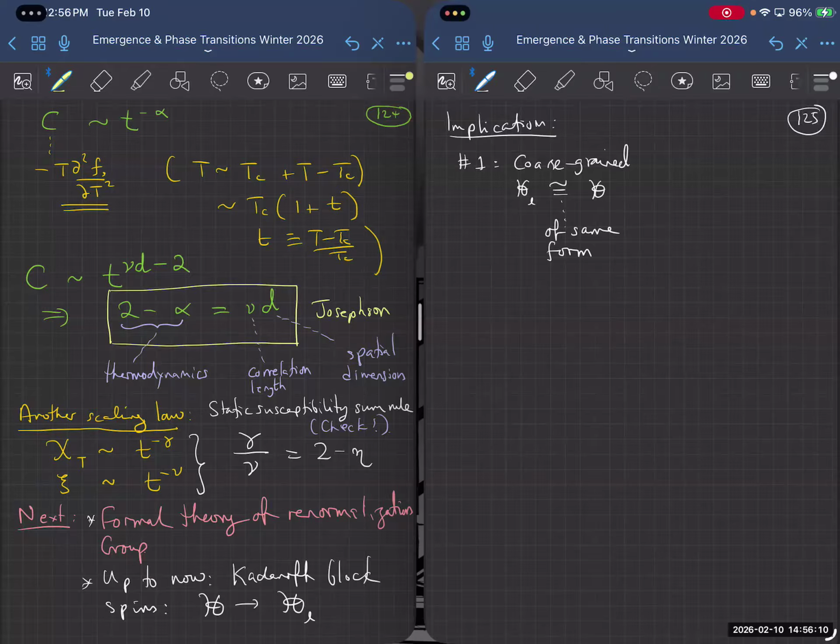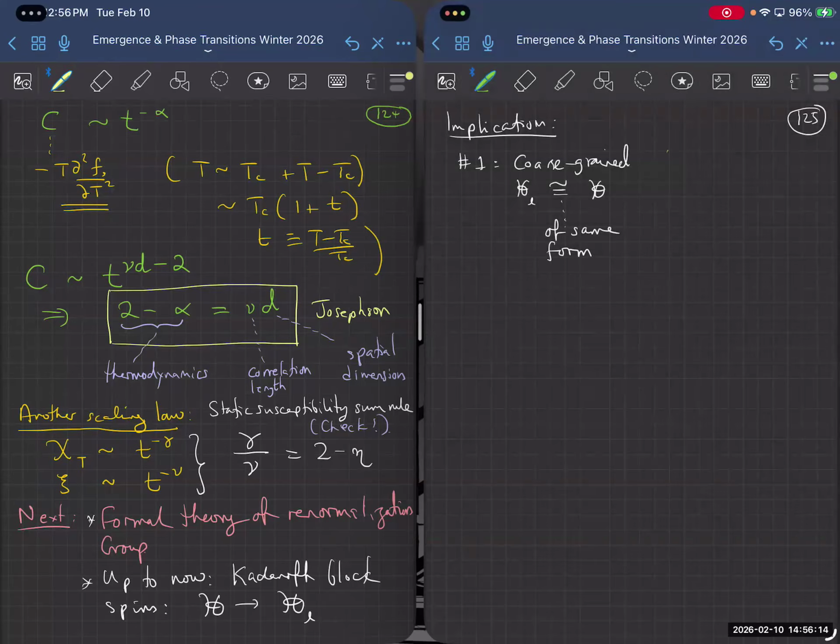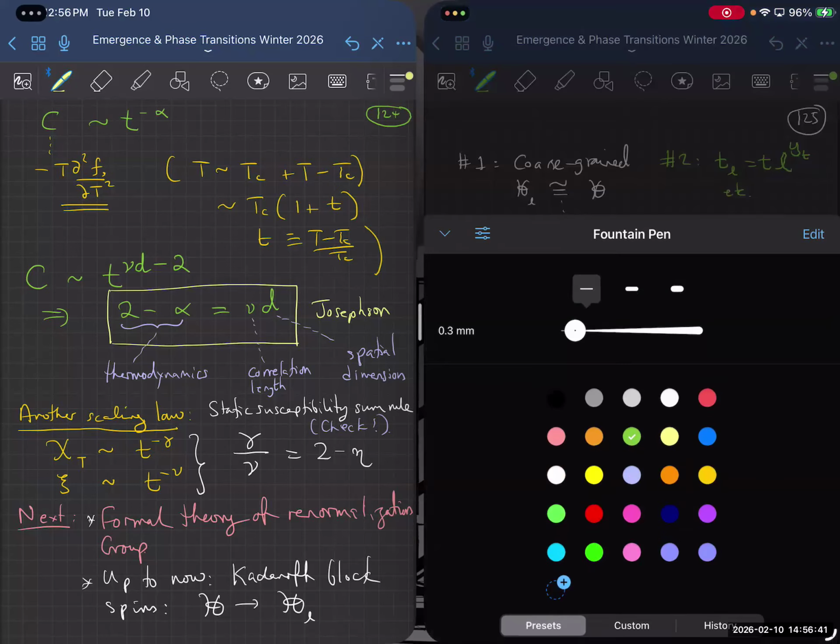That was the assumption that we made. Then we made another assumption. We assumed when we did this that the effective temperature at scale L was the original temperature times L to some exponent, which I wrote as y_T, and so on. And those were the two assumptions that we made. I'm going to change this title here of implications. I want to change it to be assumptions.